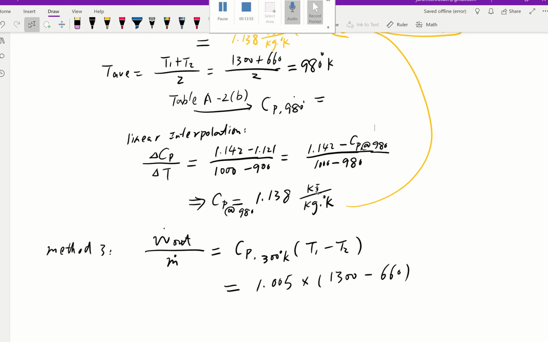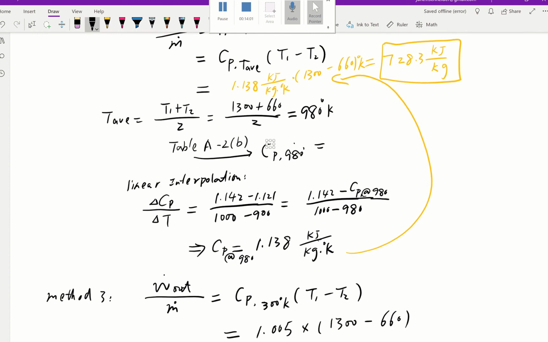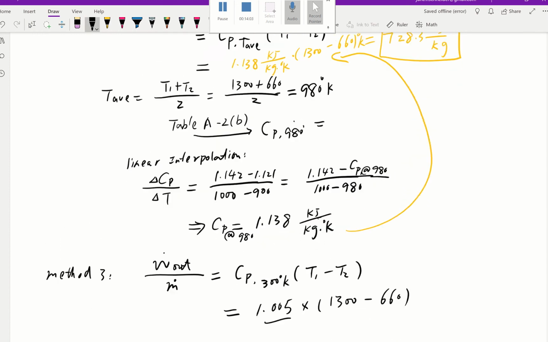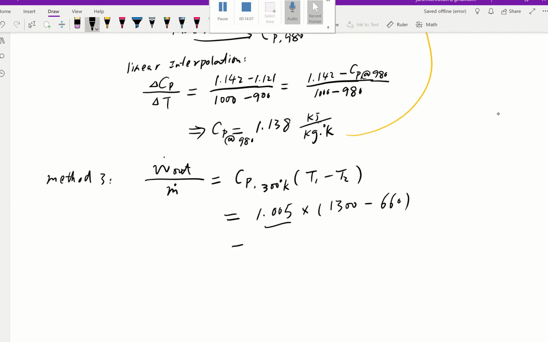When we calculate that, you see that's the only difference between those two. It's just that this value and that value are different. So when we put those values in, our answer is 643.2 kilojoule per kilogram, work per unit mass.